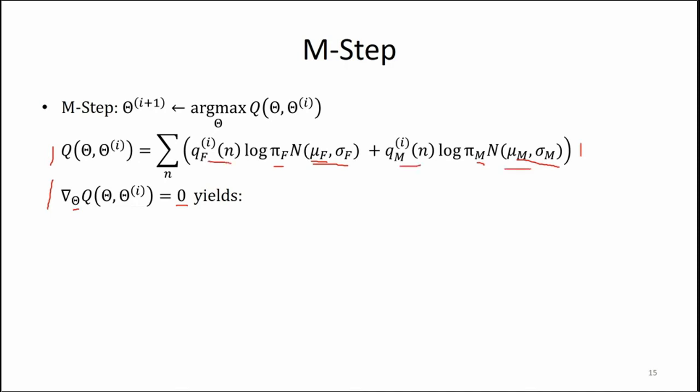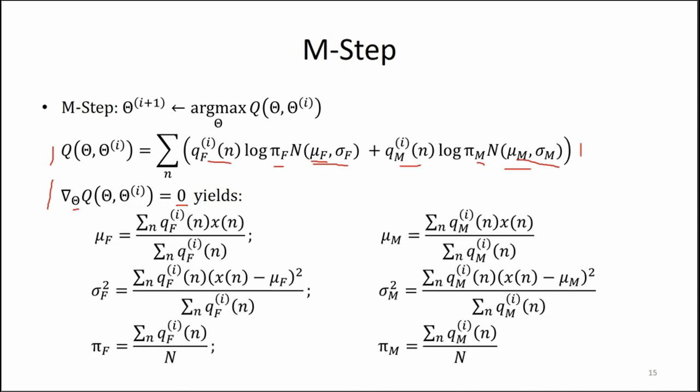Just as a reminder, the q f's and q m's are known quantities. Proceeding with this derivation and setting it equal to 0, we get the values of the parameters. Mu f and mu m are given by these quantities. Sigma f squared and sigma m squared are given by these expressions, and likewise pi f and pi m.